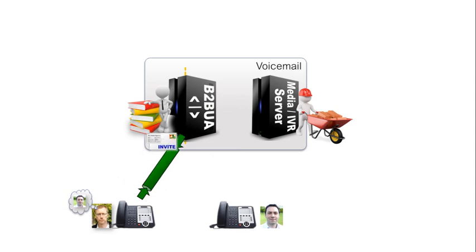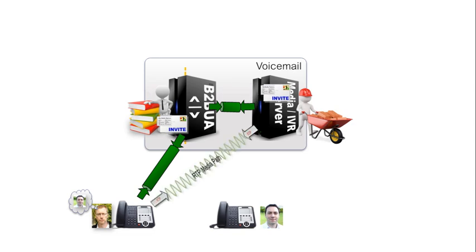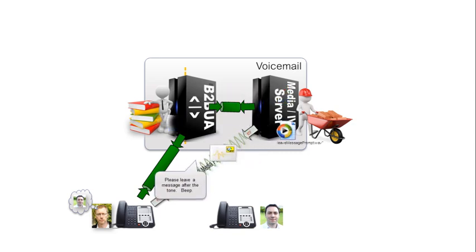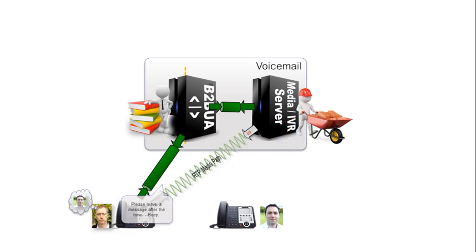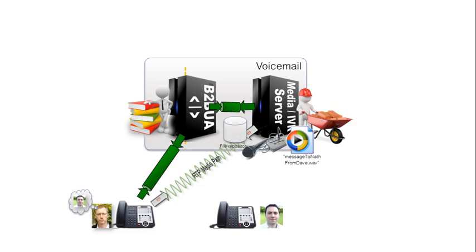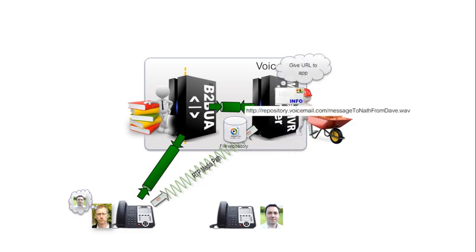Imagine Dave calls Nath, but the application, perhaps on finding Nath's unavailable, applies voicemail instead, setting up a media session between Dave and the media server and instructing the media server to play a "please leave a message" type prompt. The media server then records Dave's audio, stores the file, and returns the file URL to the application.